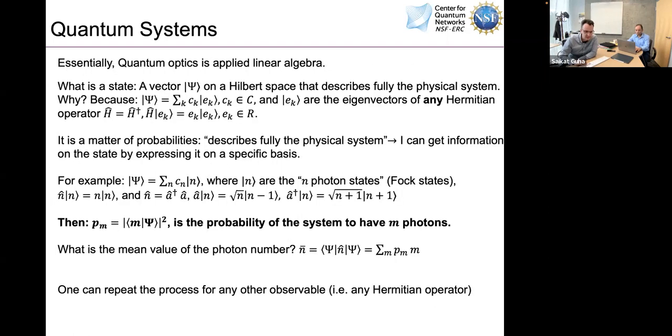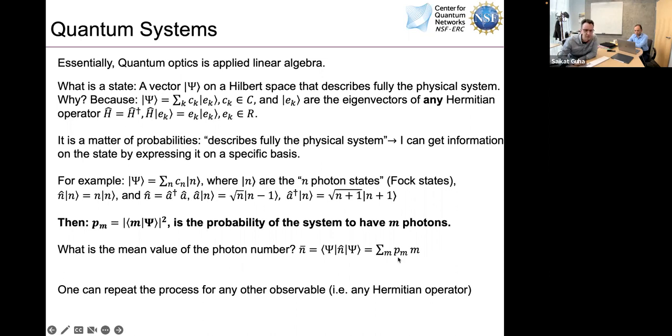Now, I don't know why it's moving by itself. What about mean values? Well, it's the standard definition of a mean value in quantum mechanics. You sandwich the operator you're going to find the mean value of in between the states psi. And if you, for example, expand this state psi on the Fock basis, and you do very few steps, you will be convinced that it is M, the number of photons, multiplied by the corresponding probability of having these M photons in your system.